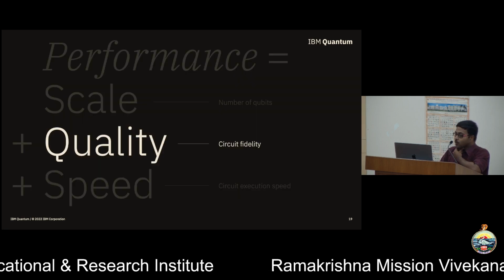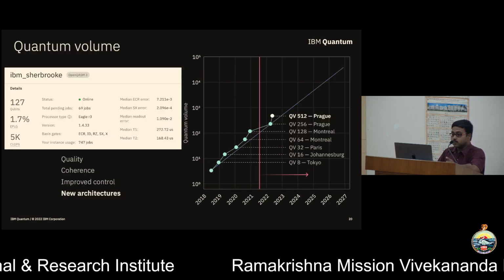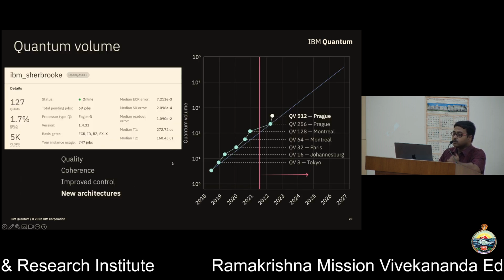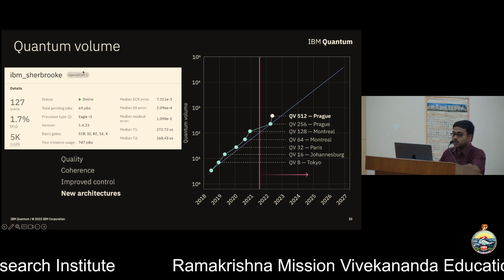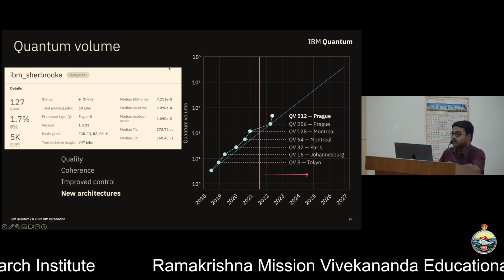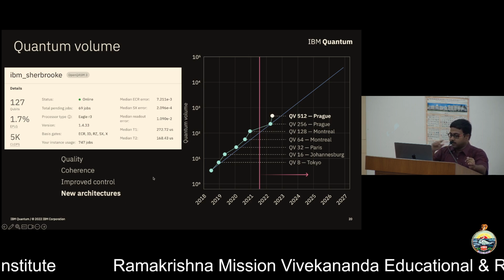Now, when we talk of quality, we need to think of circuit fidelity, and how we decide that. We have two measures. One is called the quantum volume, and the other is called the EPLG, error per layered gate. Let's not go too deep into that.